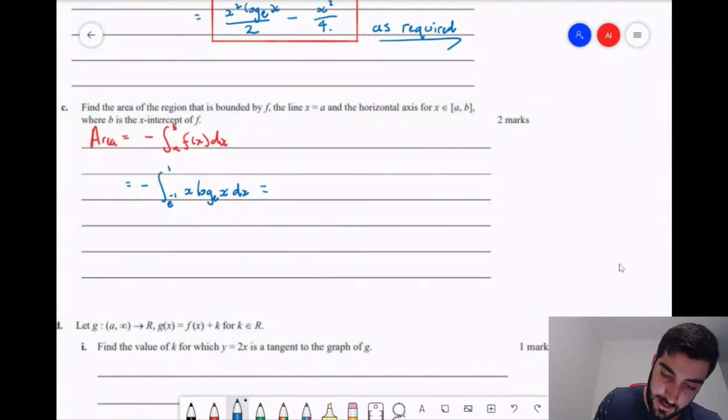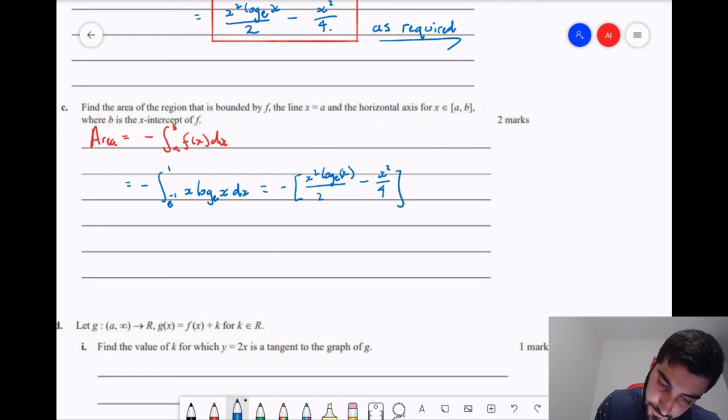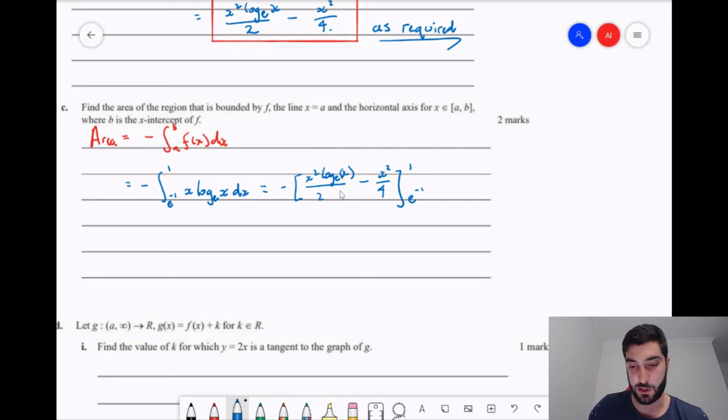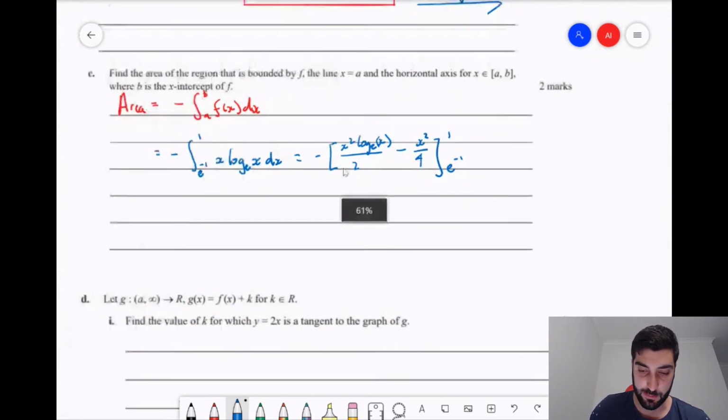So, minus x squared log e x all over 2 minus x squared on 4, between 1 and e to the minus 1. I'm going to skip some steps. That's just basic subbing in and evaluating at this point.